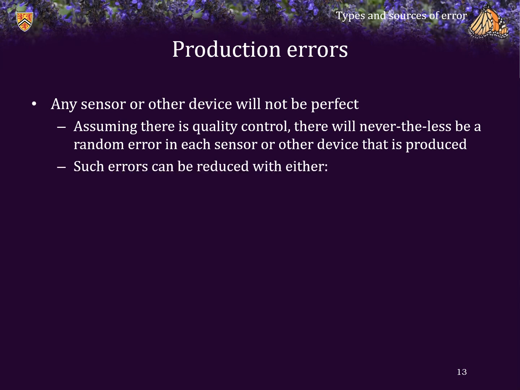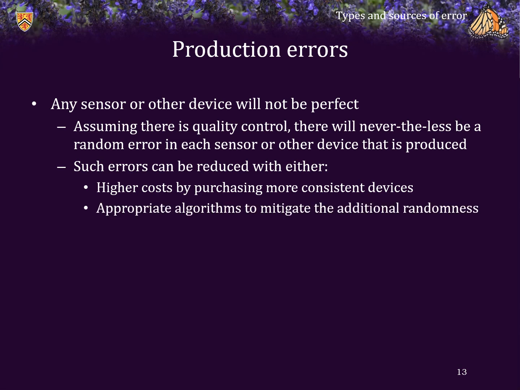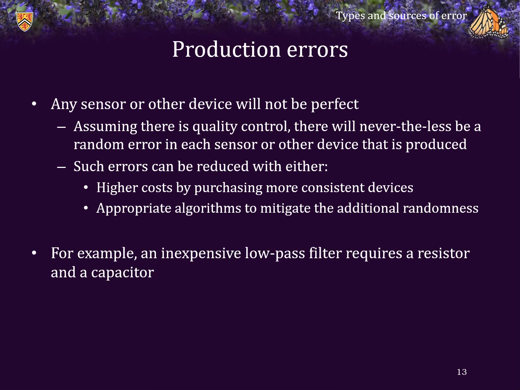Such errors can be reduced with higher costs by purchasing more consistent or more precise devices, or appropriate algorithms that we will see in this course to mitigate additional randomness. So if you have better algorithms than your competitor, you can use less expensive components, therefore making your device cheaper than that of your competitor.